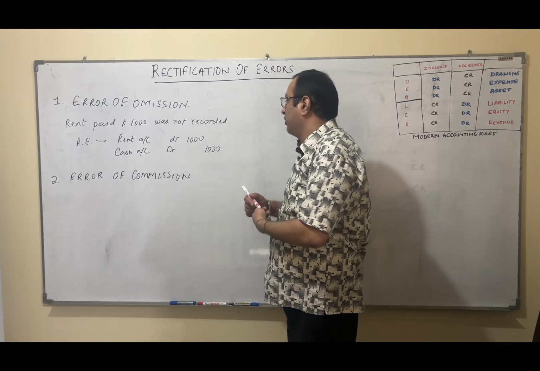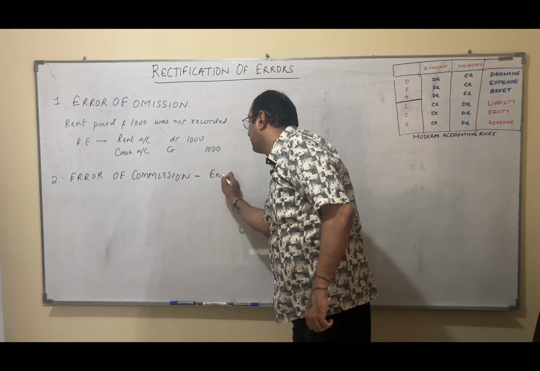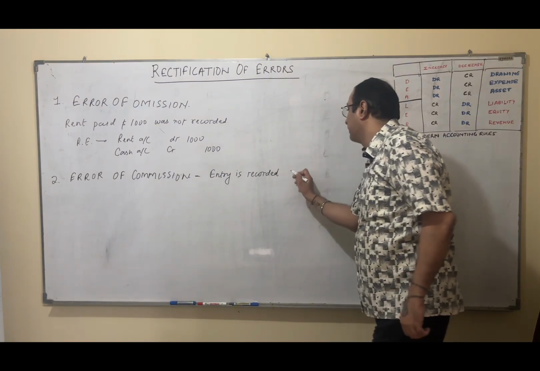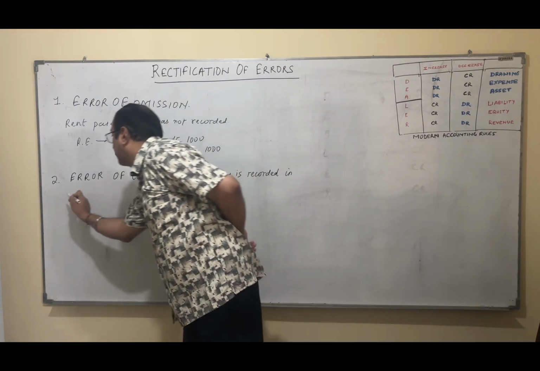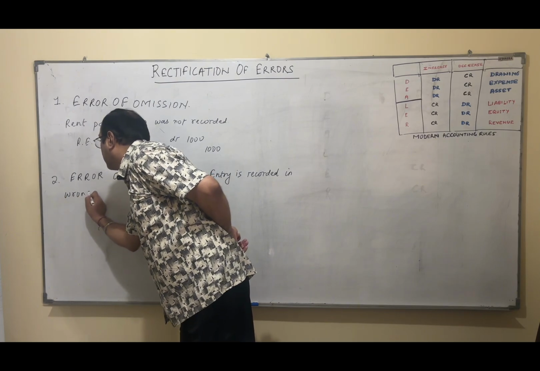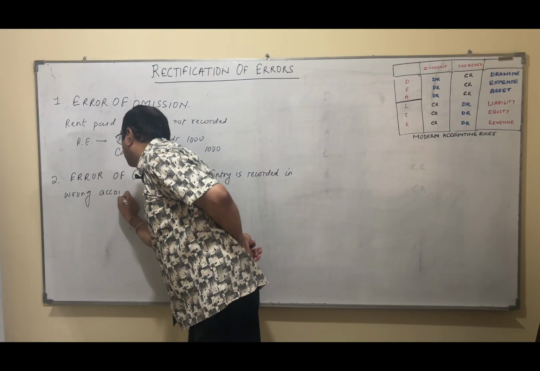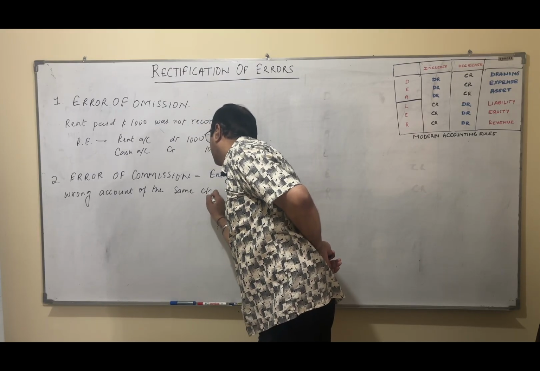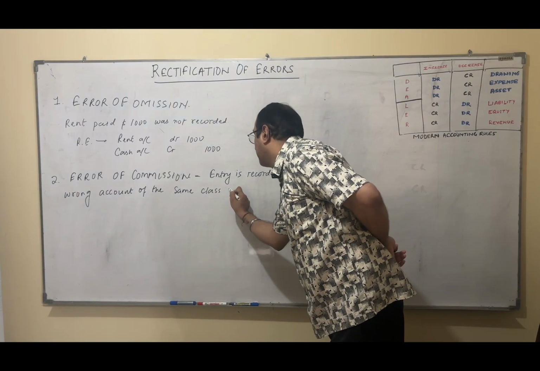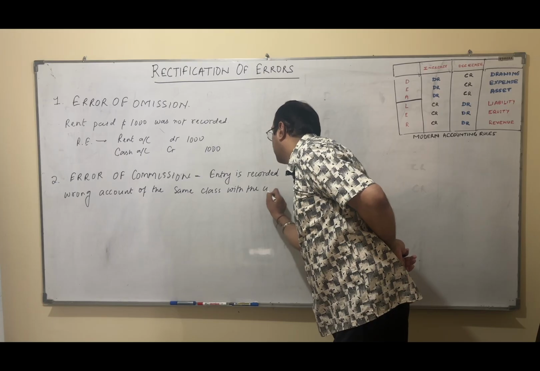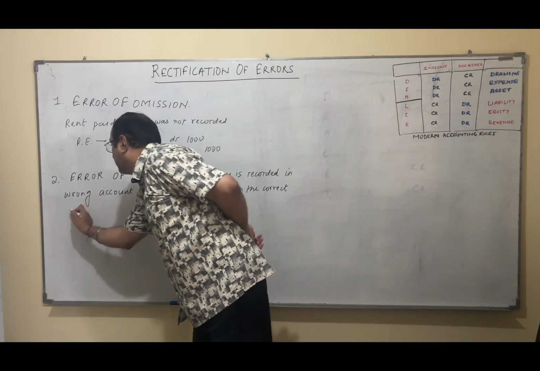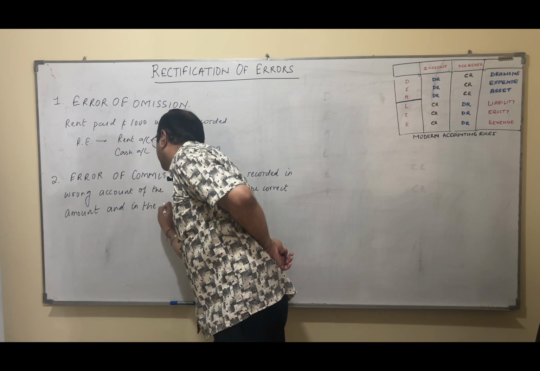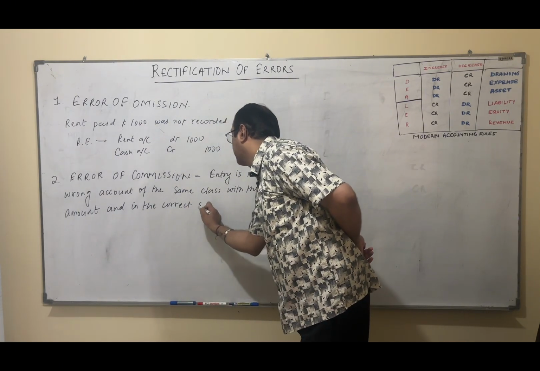Now let us go to commission. What it says: entry is recorded in wrong account of the same class with the correct amount and in the correct side.